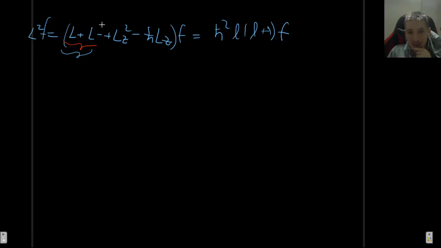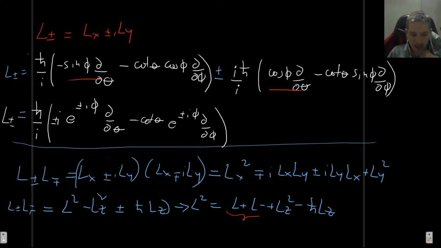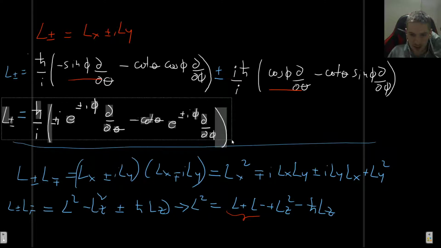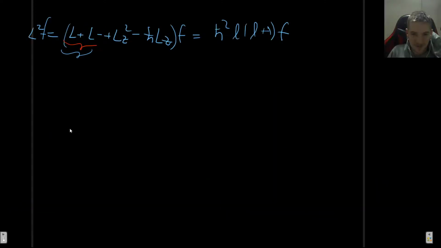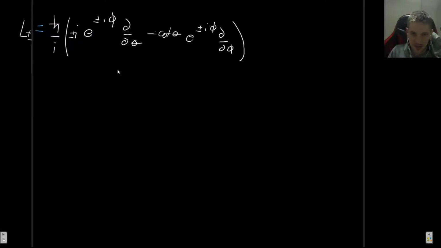Now this product L plus L minus is going to be kind of annoying, so let's deal with it separately and then plug it into the equation. So we know that L plus L minus is given by this. Let me go to a new page so that we can worry about this separately. So what is the product L plus L minus?